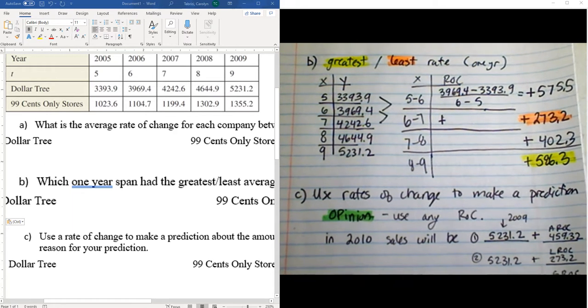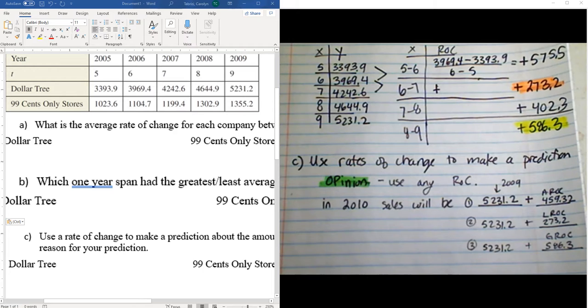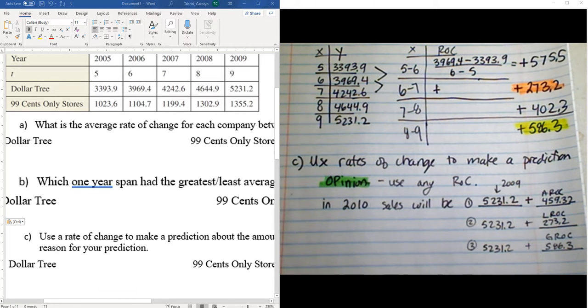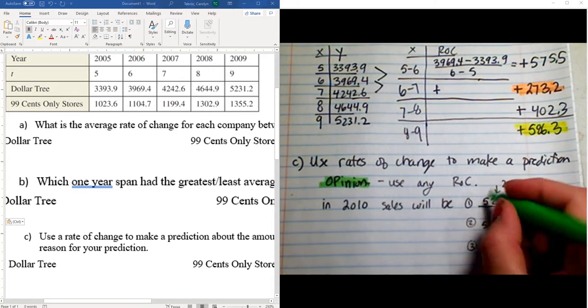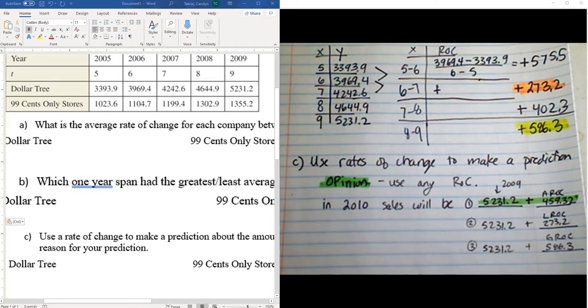It is up to you what you would like to do. It is an opinion, okay? So I'm going to go ahead and I'm just going to pick the average. It's right in between those two numbers. I think that's a reasonable thing to do.